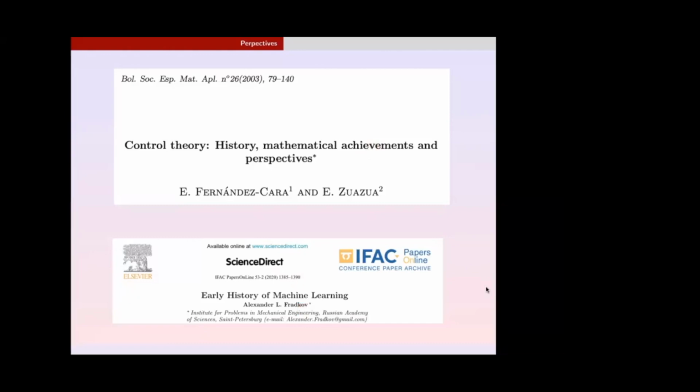I also wanted to mention another paper that was published last year. It's a short paper, just 5-6 pages, by the Russian mathematician Alexander Fradkov, where he presents the early history of machine learning.